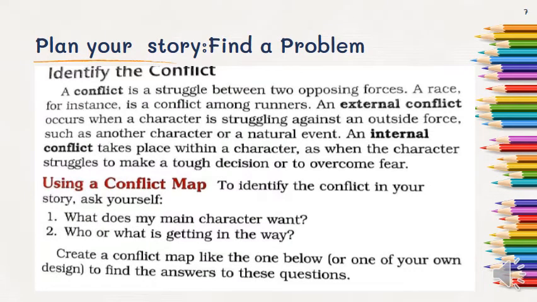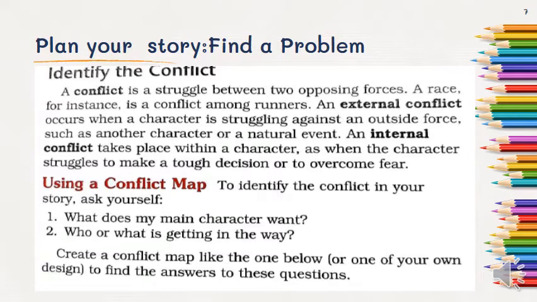Next, you have to find a problem, because each story has a problem. This is what we call a conflict. A conflict is a struggle between two opposing forces. A race, for instance, is a conflict among runners.